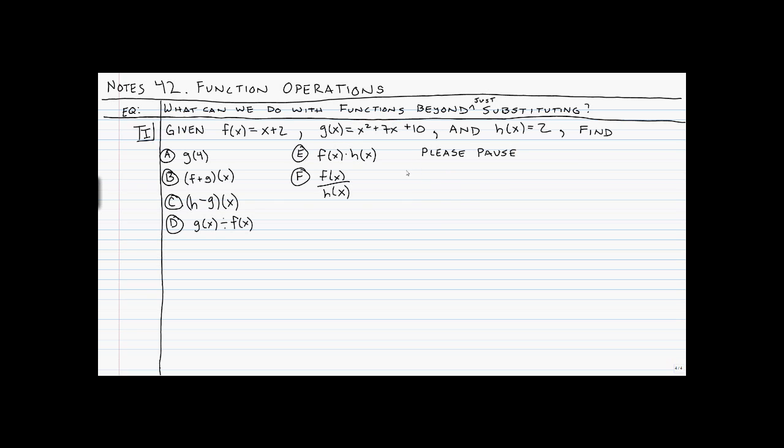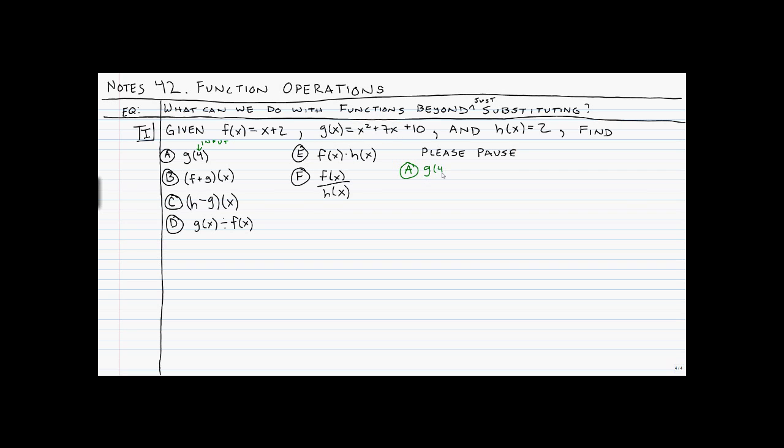So what we're going to do is go through all these examples so you can check yourself and make sure you got it. This covers everything we did today. First one, for A, g of 4 just means we're going to substitute in 4, remembering that we're using Madden Math. Bam, putting that 4 right into the hole, because our input is going to be 4. Well, g of x is x squared plus 7x plus 10.